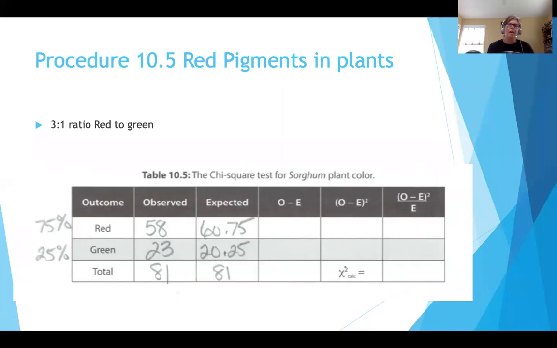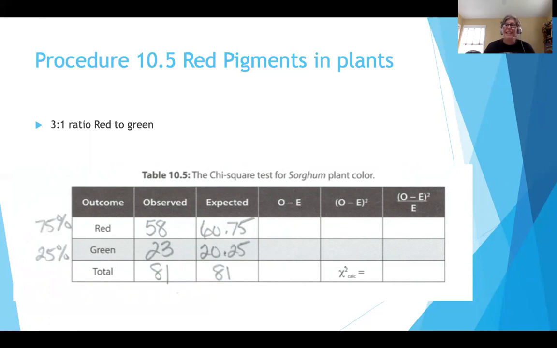All right, then we're going to move on to red pigments in plants. What we would have given you is a container of red pipe cleaners and green pipe cleaners. It is really important when you look at page 138, it says procedure 10.5, but the information that you need is in the paragraph above it, where it says monohybrid cross of the anthocyanin gene in sorghum plants.